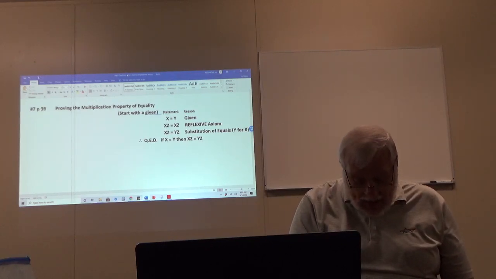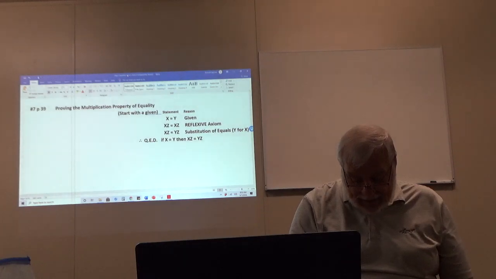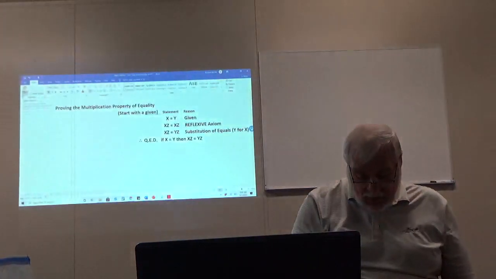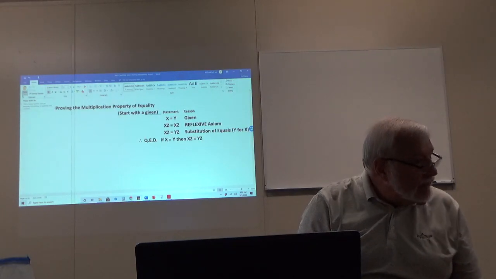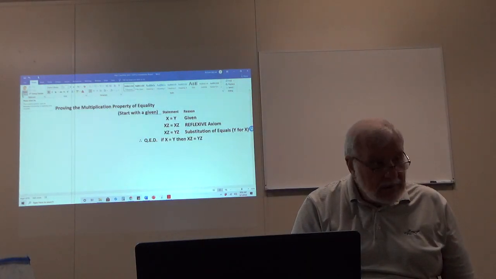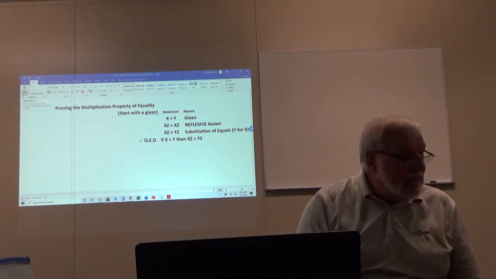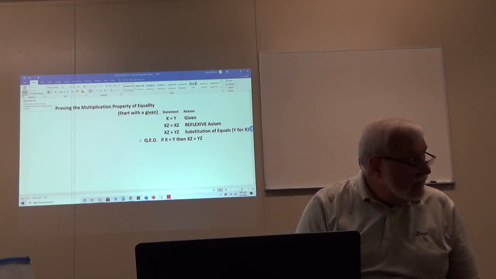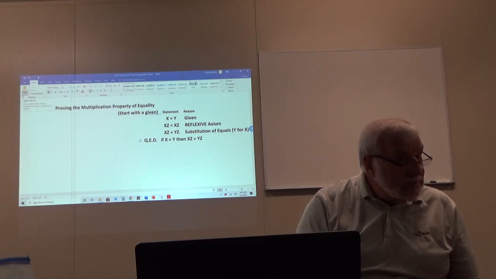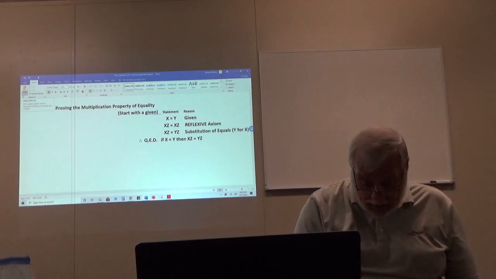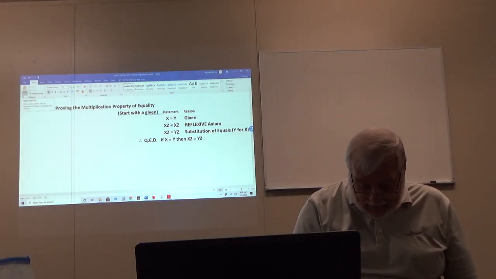All right, now, what happened in the third line, in C? Look at C, in 14C. What's different in 14C from 14B? They added an x in there. All right, you multiplied both sides by x. All right, what property gives you the right to do that? Multiplication property of equality. Okay, now, what happens in D?